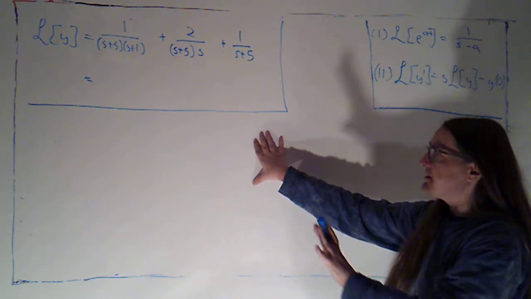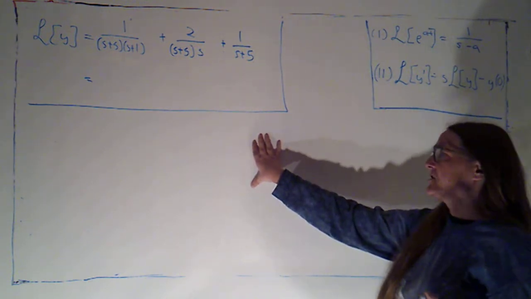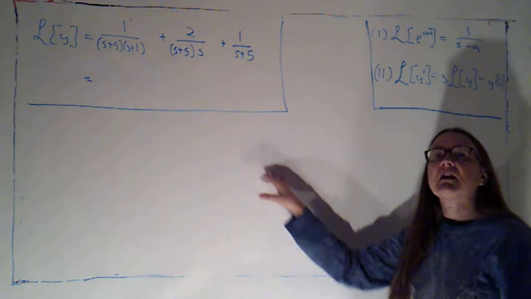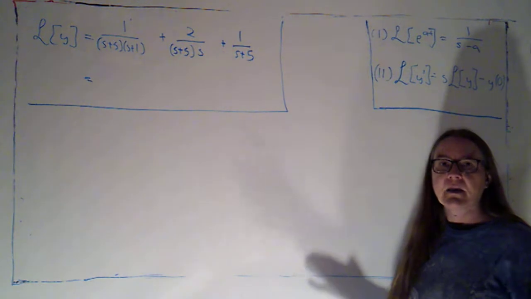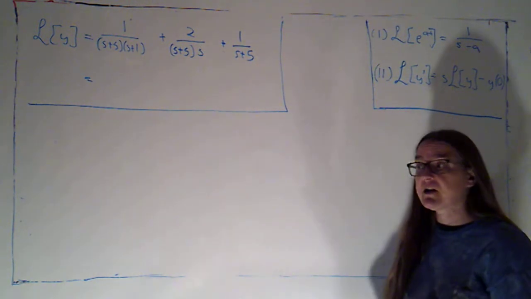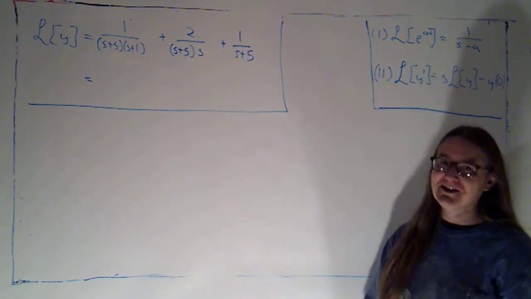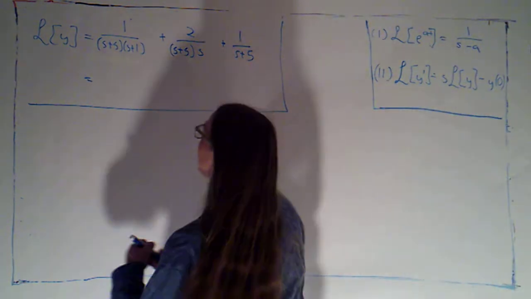For others of you, you're going to say, gee, I've got to go back and find my 3B notes and learn partial fractions again. The next video is going to be devoted to just a review of partial fractions per se. So for some of you, that's a video that you can skip if you feel comfortable with partial fractions. For others of you, that's going to be a nice security blanket. It is coming.